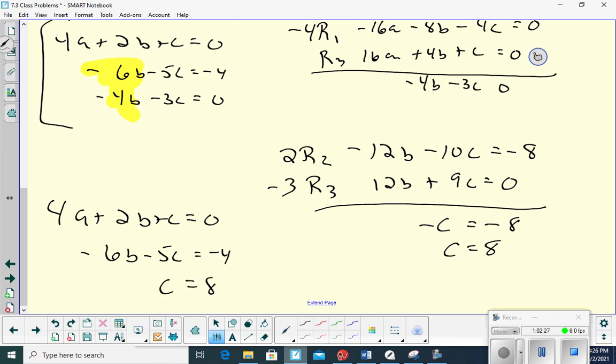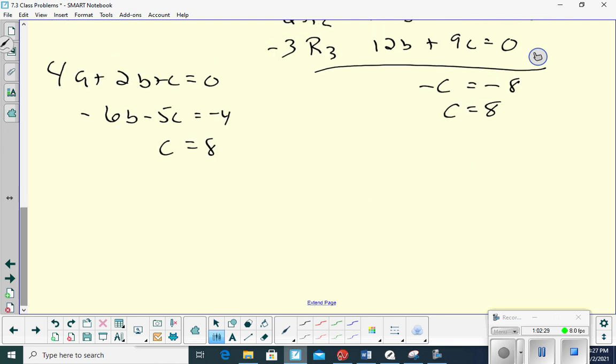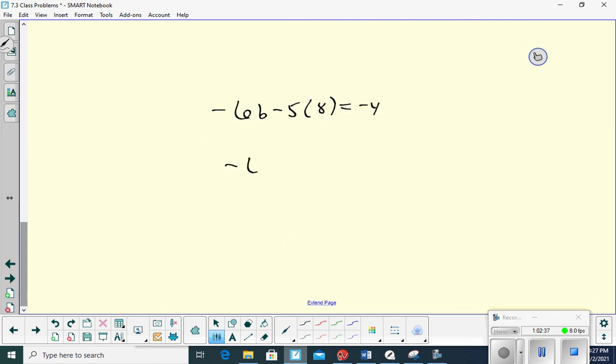Now I'm going to do back substitution. So I'm going to do negative 6b minus 5 times 8 is equal to negative 4. So this is negative 6b minus 40 is equal to negative 4. So negative 6b, add 40, would be 36. b is equal to negative 6.